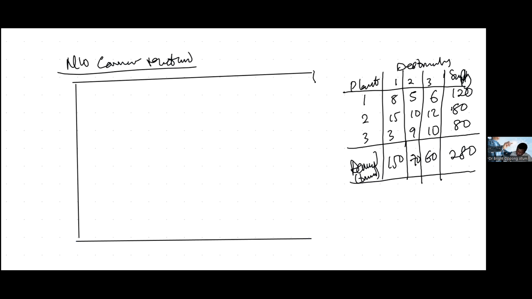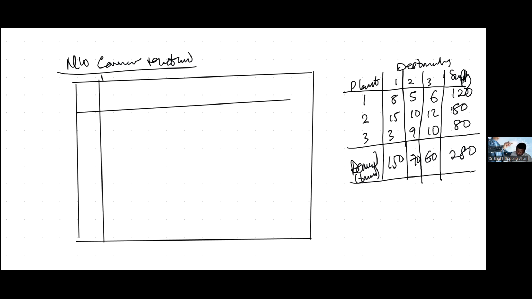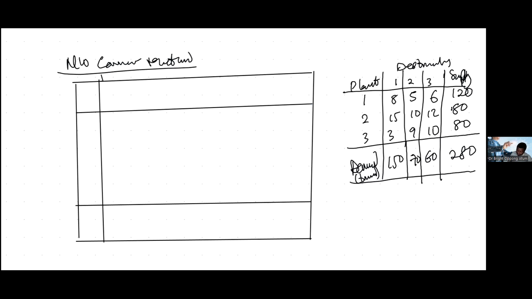So we have the tableau here, and this is how we draw the tableau.